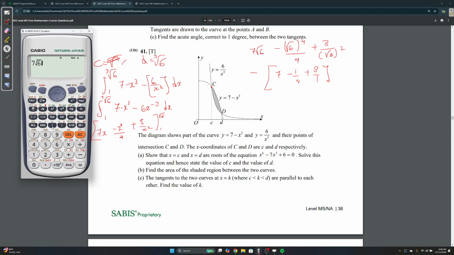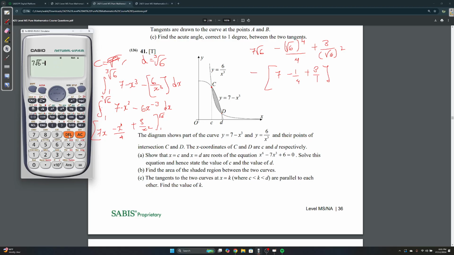7 root 6 minus root 6 to the power 4 over 4 plus 3 over root 6.